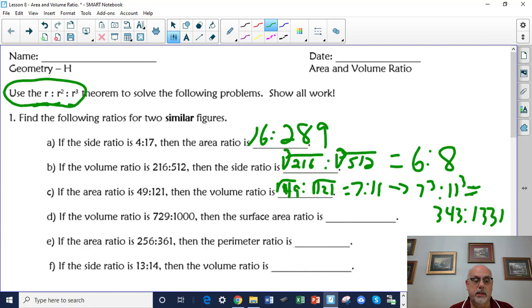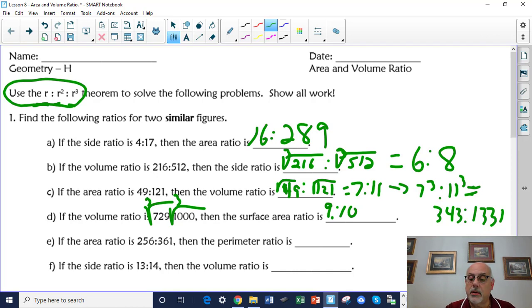Now on D, the volumes are in the ratio of 729 to 1,000. So cube root of 729 and the cube root of 1,000. All right, which makes it 9 to 10. Now that's the ratio of the sides, excuse me.